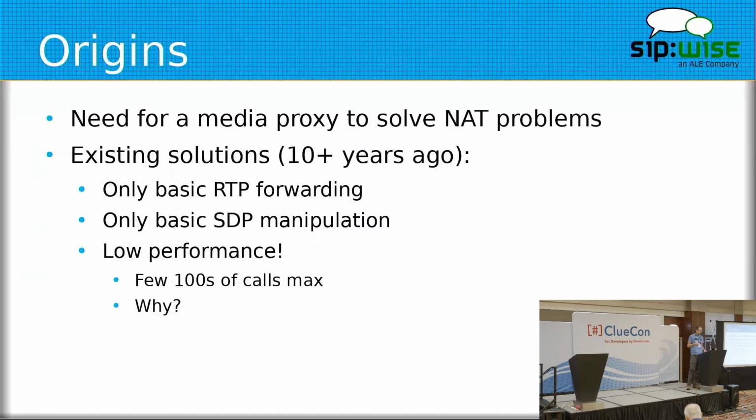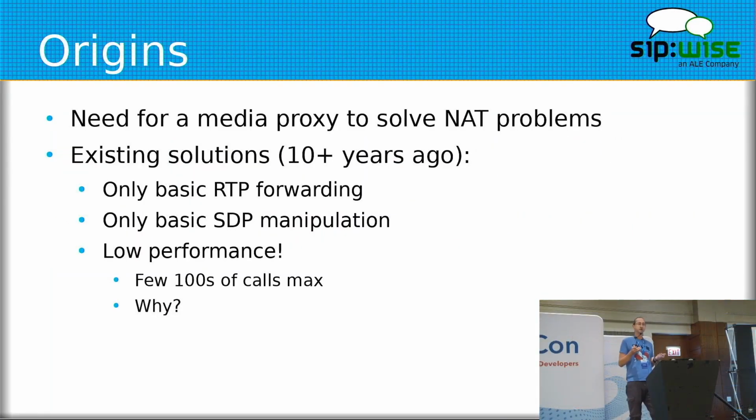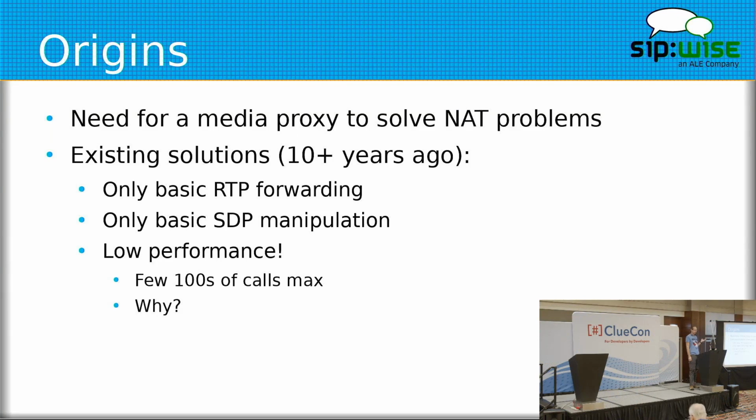And it exists because we needed a media proxy to solve problems with NAT. Because this was over 10 years ago, ICE wasn't a thing yet. IPv6 wasn't a thing yet, still isn't really a thing. And there were some other solutions around at the time to solve the problem of RTP behind NAT, but they all had some issues.